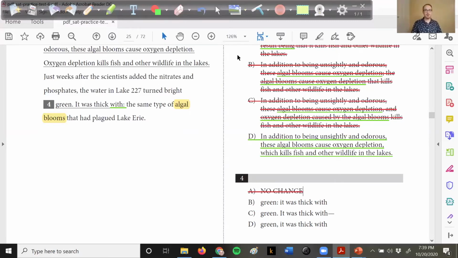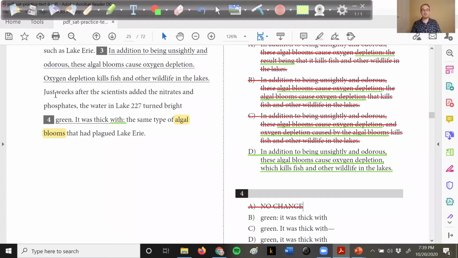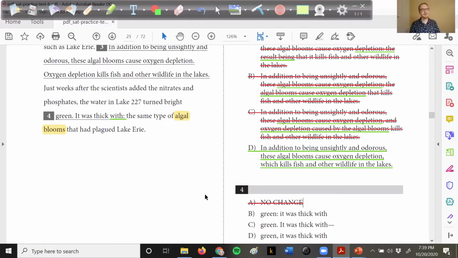And in case you don't know, what a colon always does is it introduces an expansion of the idea that comes before it. So if we were to plug that in, it would say, just weeks after the scientists added the nitrates and phosphates, the water in Lake 227 turned bright green, colon, it was thick with the same type of algal blooms that had plagued Lake Erie. So I like that one. There's a colon after green, and then it expands on the idea that it was green. Let's see if we don't have anything better though.